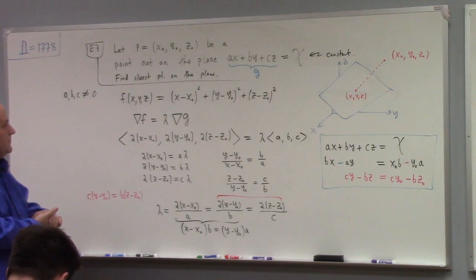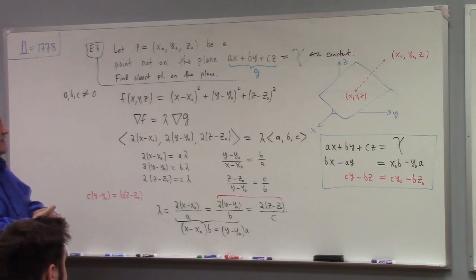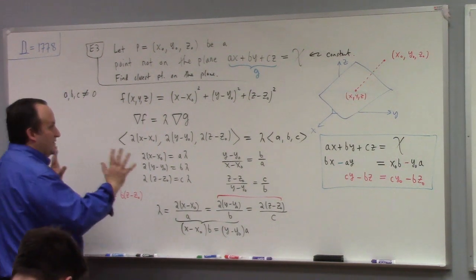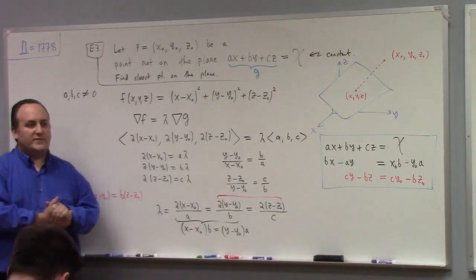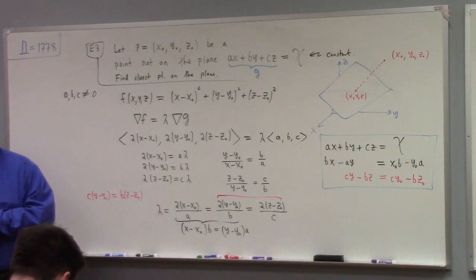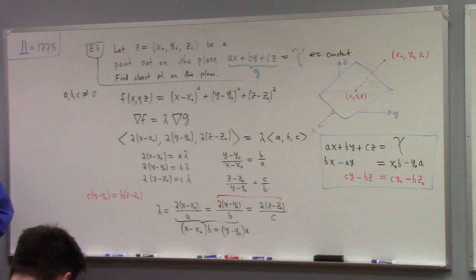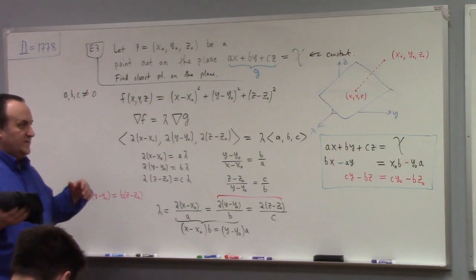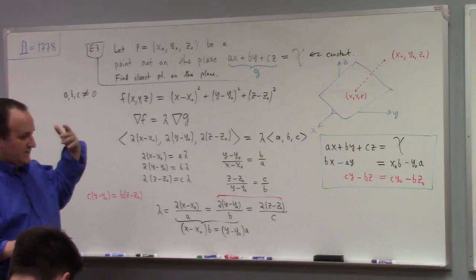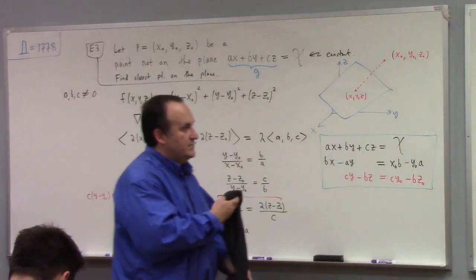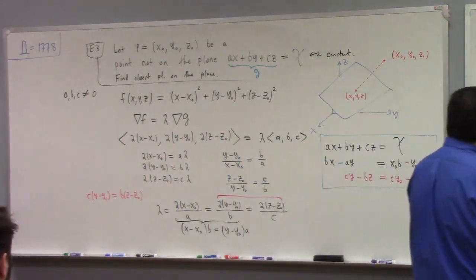Let me just cast some shade upon this example for a second and tell you this is absolutely not the best way to find the closest point to the plane for a given point.